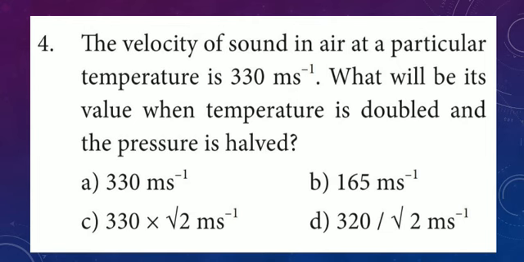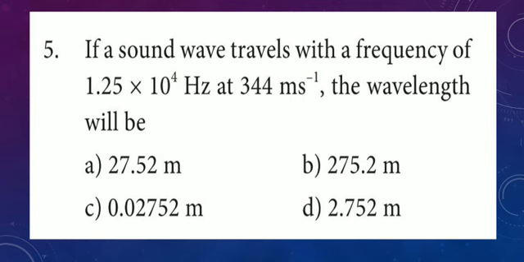Okay, students, and the next, fifth one. If a sound wave travels with the frequency of 1.25 into 10 power 4 hertz at 344 meter per second, then the wavelength will be, so what is the wavelength?